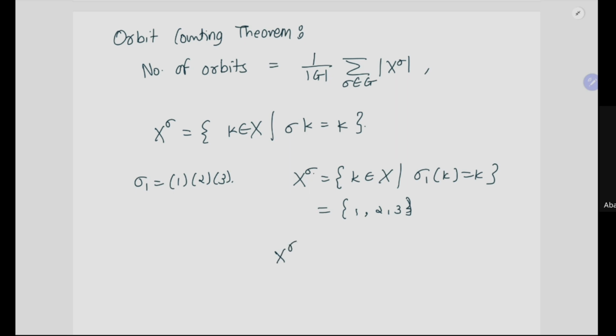Let me write sigma 2: x in X such that sigma 2 of x is x. What was my sigma 2? It was 1, 2, 3. So the elements which are not changing under the action of sigma 2 are just 3. Exactly.